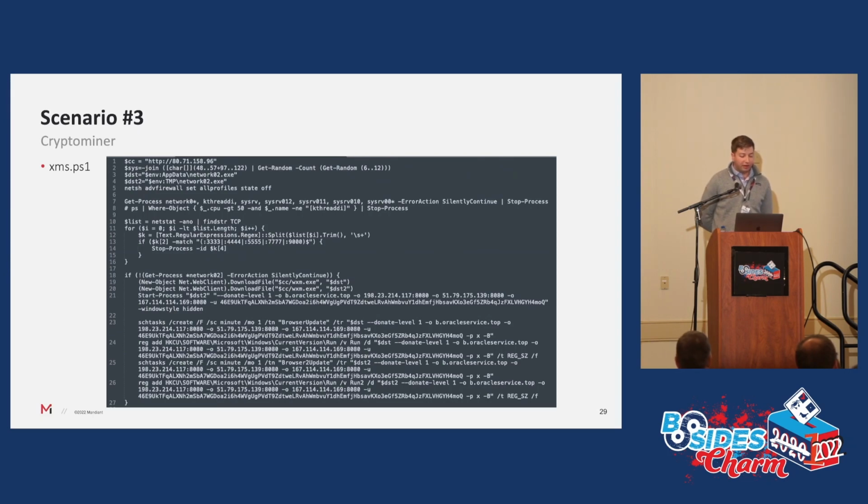But effectively, what it's going to do is enumerate running processes on the machine. If it identifies processes that match a specific name, it will stop those processes. A reason why it might want to do that, for example, if you wanted to run a cryptocurrency miner, is that you want it to have ample CPU resources so it can actually mine the cryptocurrency and make you money.